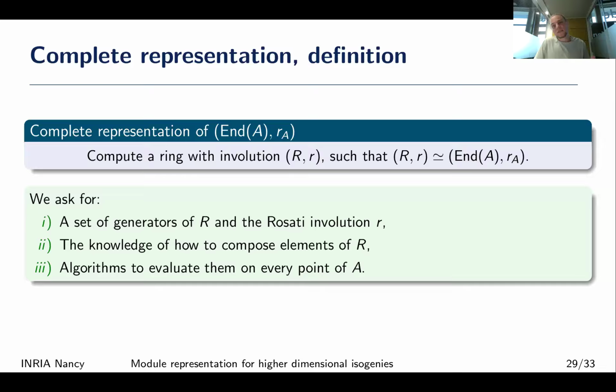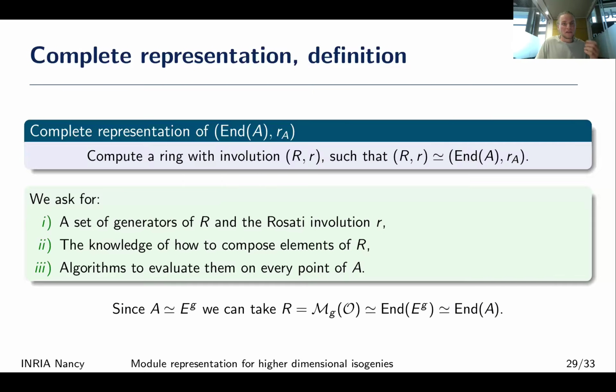First, we can notice that we have a natural choice for R. Since our maximal abelian varieties are, every one of them, isomorphic to a power of E, we can just take R to be this matrix ring, which is naturally isomorphic to the endomorphism ring of E^g. Okay, so the ring that is going to interest me is this one. The whole problem is now to find the good involution to put on R and to find an algorithm to evaluate those matrices on points of A, which is not a product a priori.